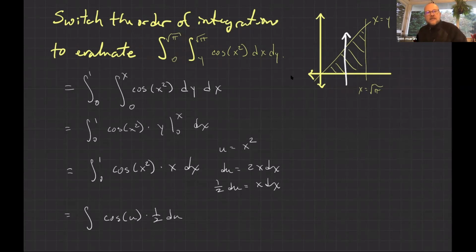But then we have to say, okay, if x equals 0 and we plug it in here, what do we get? Well, we get that u is 0. And if x equals 1 and we plug it in here, we get 1. Let me emphasize that that was u equals 1 and u equals 0.